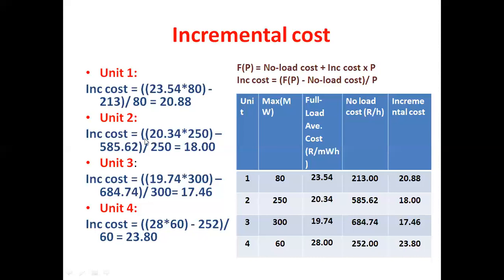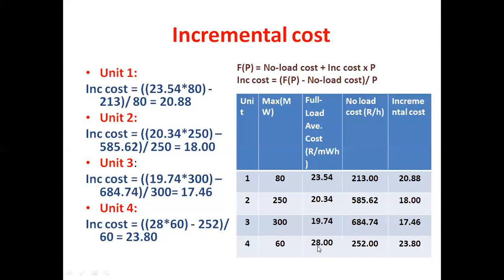Again for unit 2 it will be 20.34 into 250 minus 585.62, total divided by 250. It will give 18.00. For unit 3 it is 19.74 into 300 minus 684.74, total divided by 300, which is 17.46.